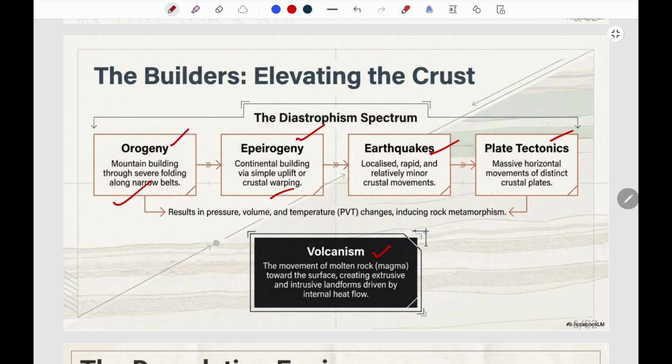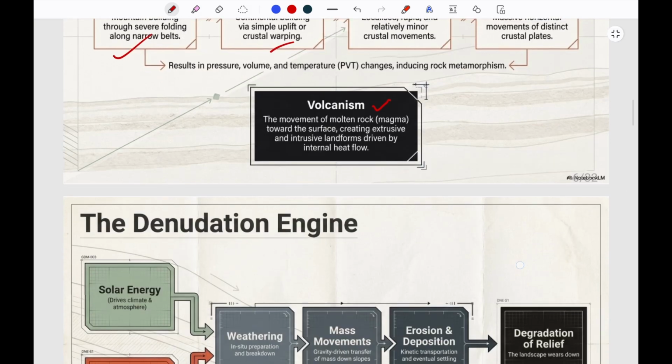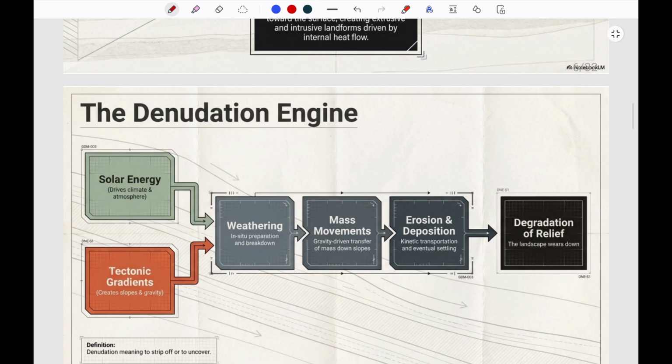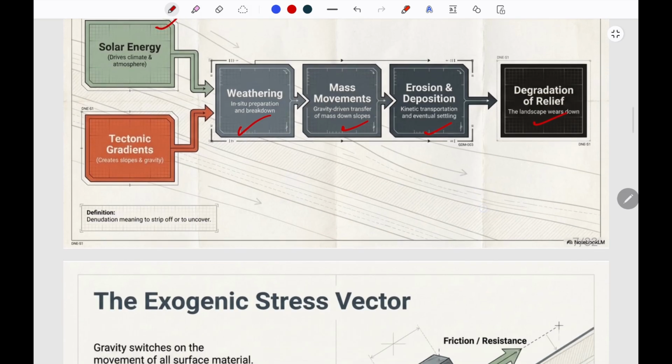It also includes volcanism, which helps in the creation of landmass in the form of igneous rocks. Now comes the denudational process, majorly powered by solar energy. Processes include weathering, mass movement, erosion, deposition, and the end result is degradation of relief.